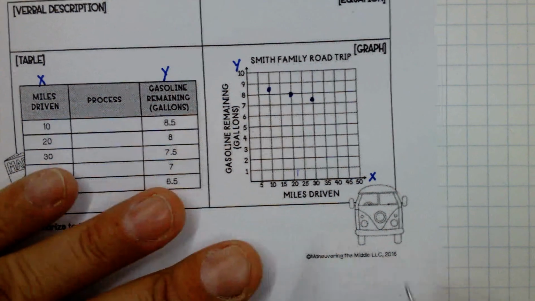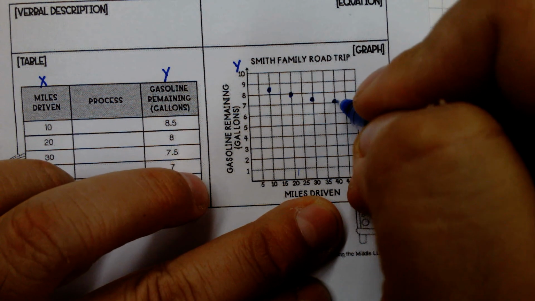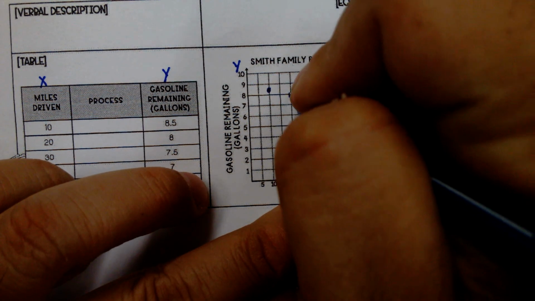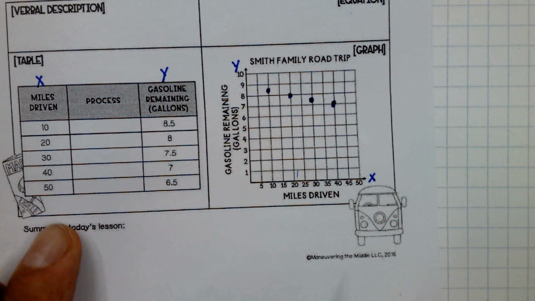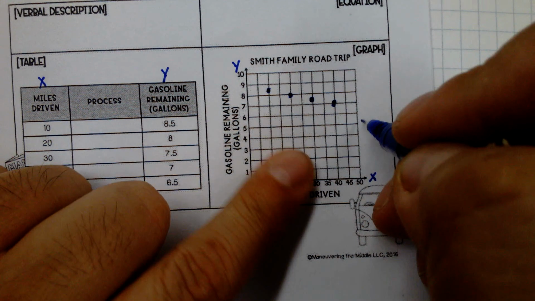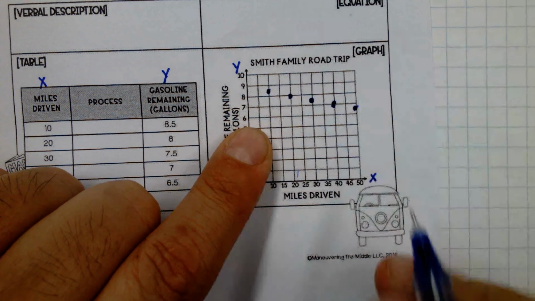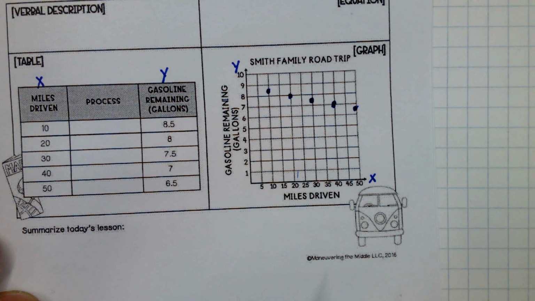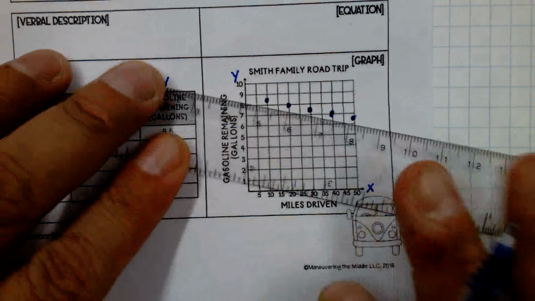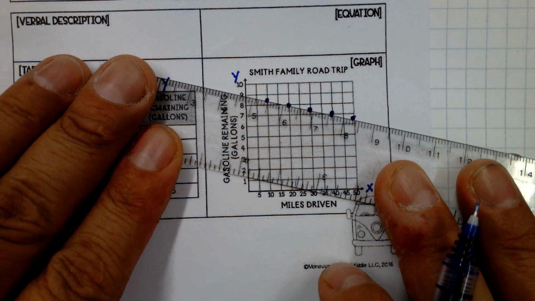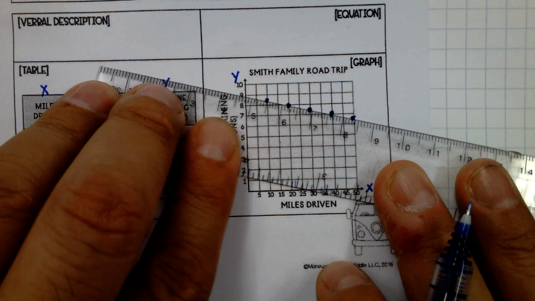And 40 and 7. Here's 40 and 7. Okay. And 50 and 6.5. I'm just going to connect these because this is continuous.